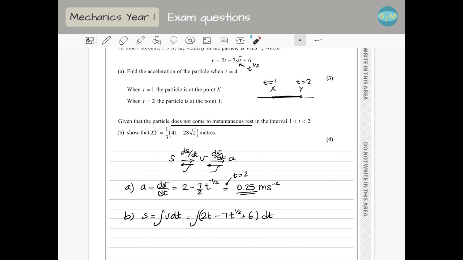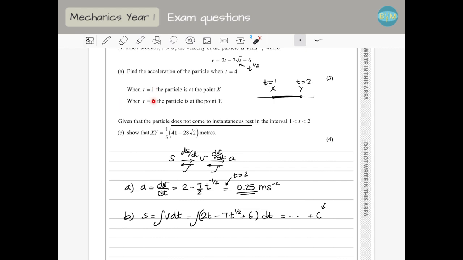In questions where I don't have limits of integration, I will integrate this, find an answer, and then add plus c. And there will be some information to find the constant of integration. So they will say, for example, displacement is 0.5 when t is 3 seconds.